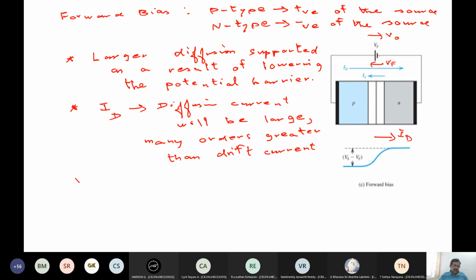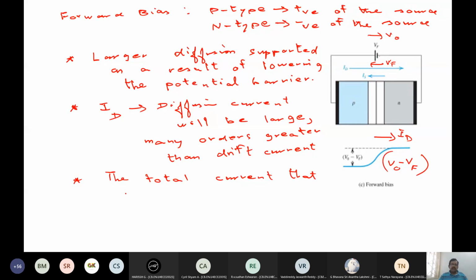And then you will have the effect on the total current that flows through the junction. So lowering of the potential barrier is seen here with V0 minus Vf, since they are in opposite directions.